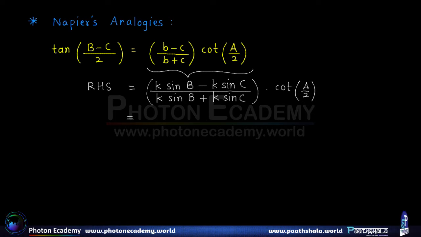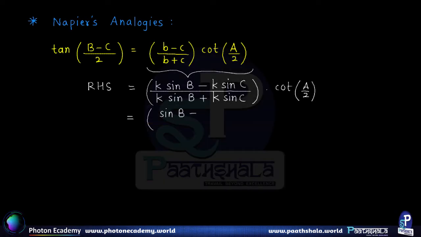Now cancelling k from numerator and denominator of the bracket, we have (sin B minus sin C) upon (sin B plus sin C) into cot of A by 2.